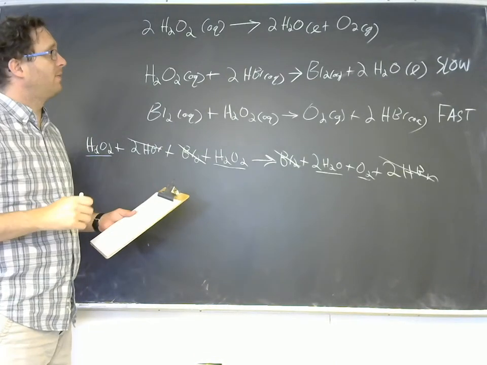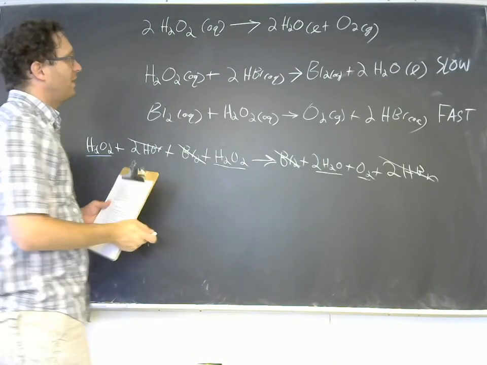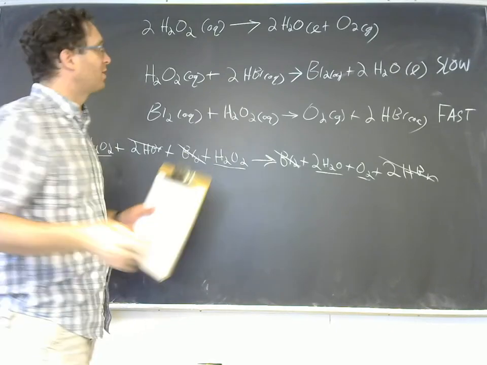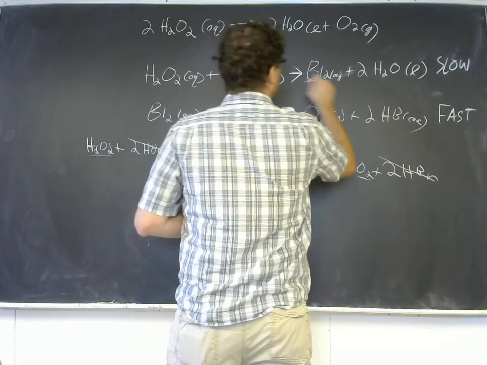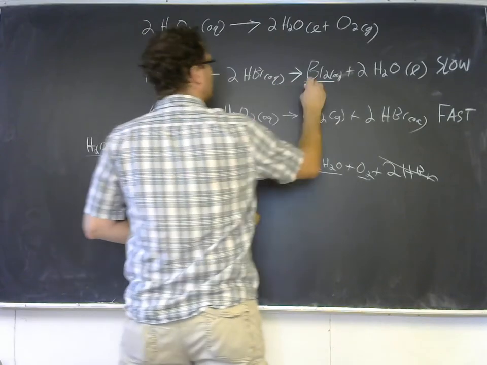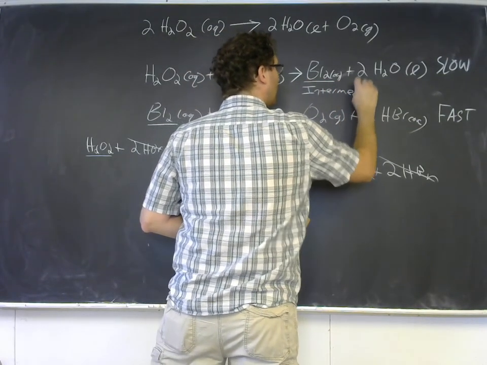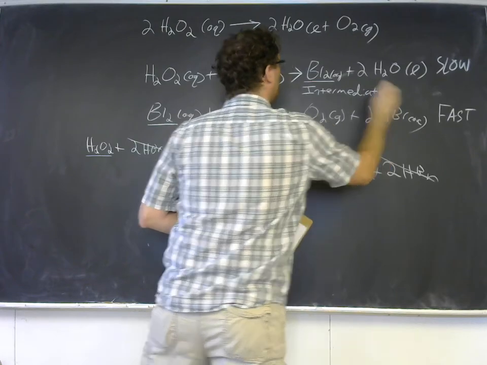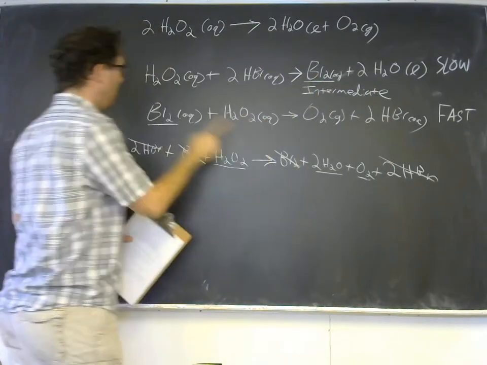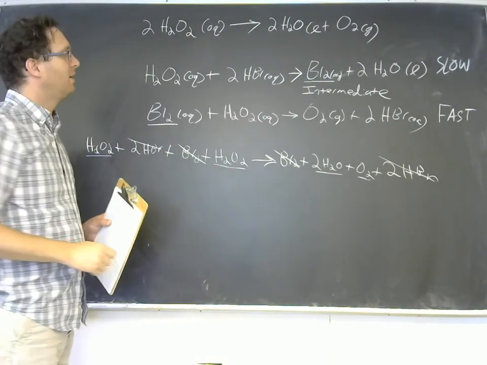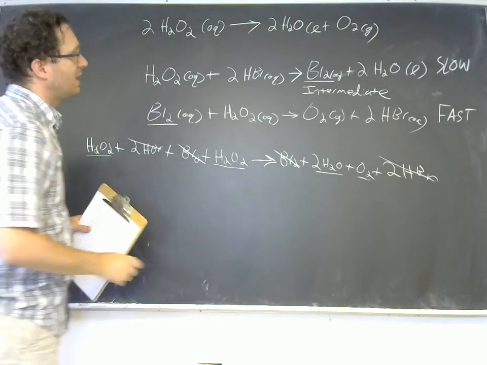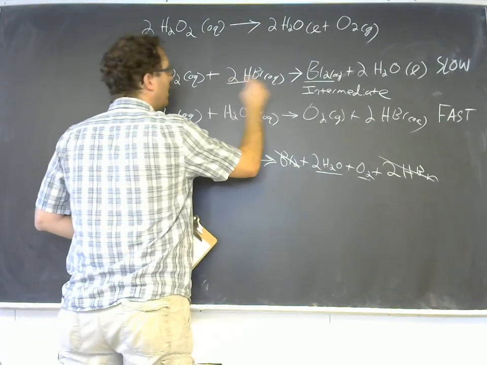That is the overall reaction. And what we see here is the presence of some intermediates. Br2, this is an intermediate. It is first generated and then consumed. But we also see a catalyst, HBr.